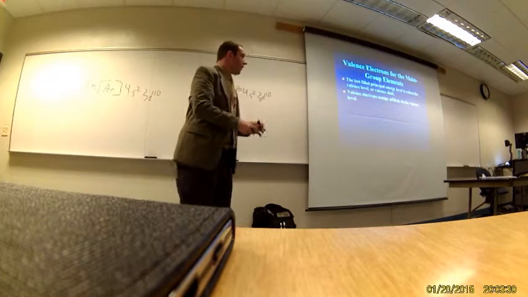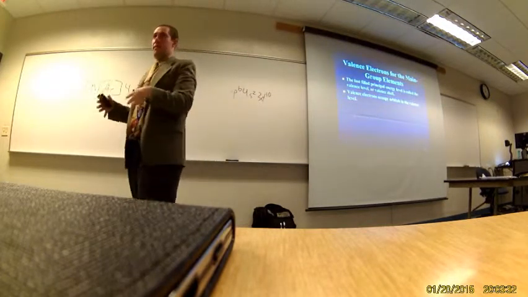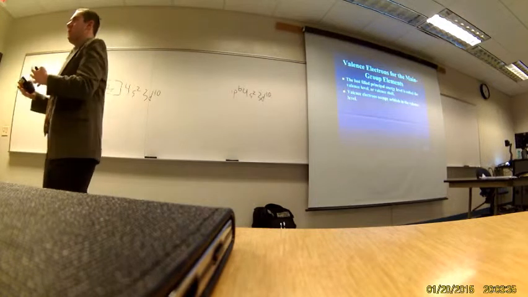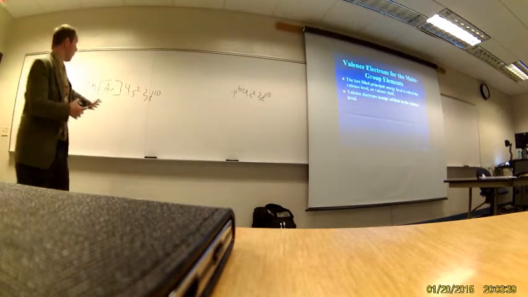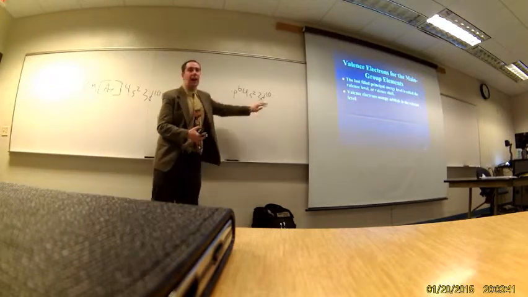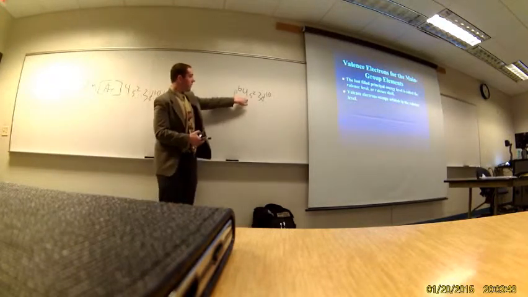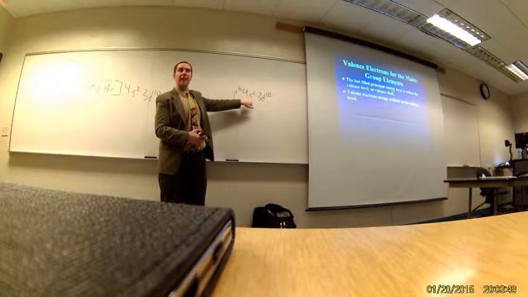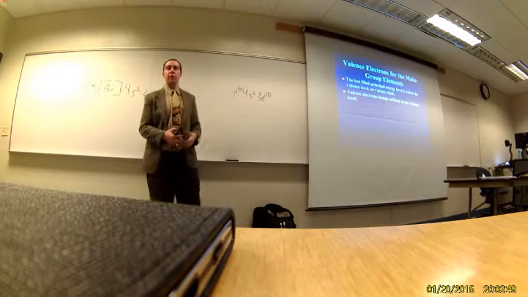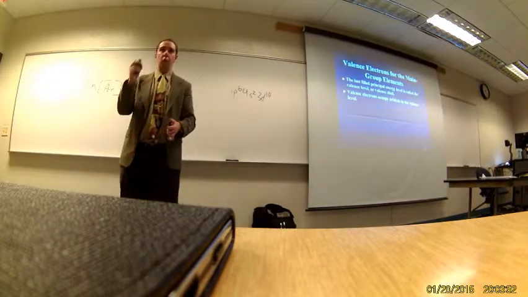Valence electrons occupy orbitals in the valence level. The valence level is the highest number. If you wrote this all out, pick the highest number. So in this one, it went 4s2, 3d10. 4 was our highest number. Then you say how many electrons were in the 4?